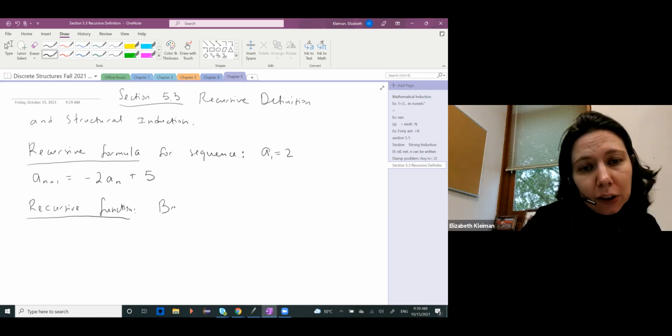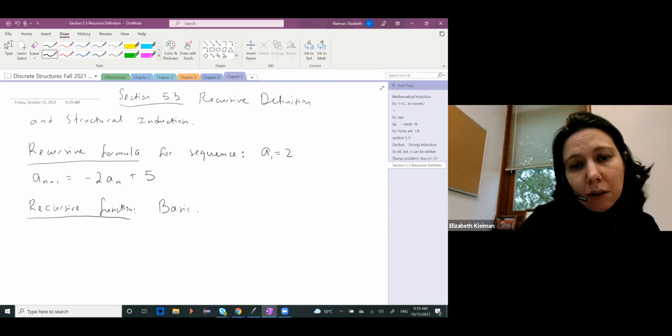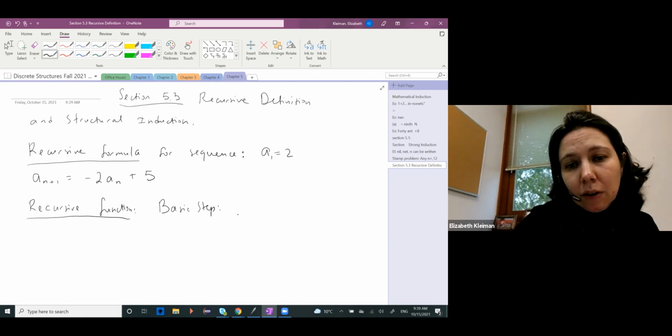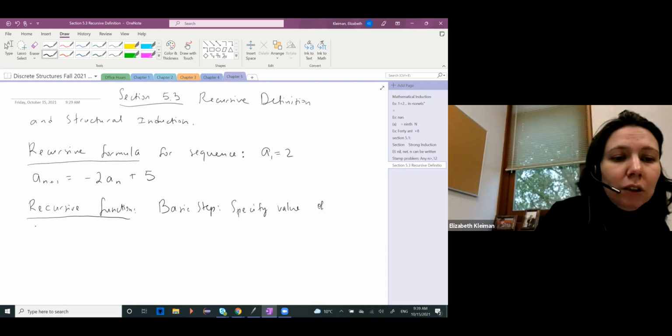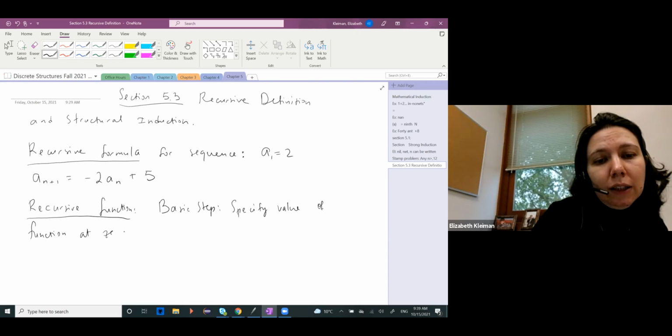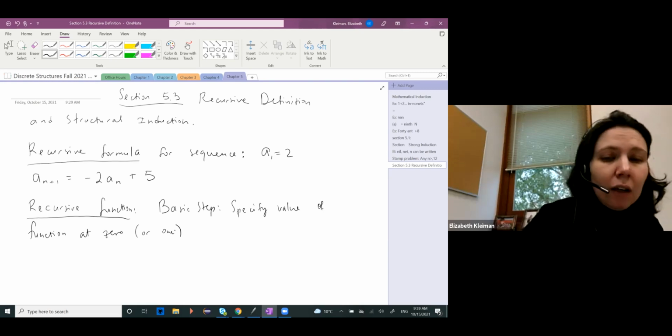So a recursive function is also defined using a basic step, which is to specify the value of the function at 0, or sometimes it's 1, correct? Like depending where you want to start. And then there is an inductive step.